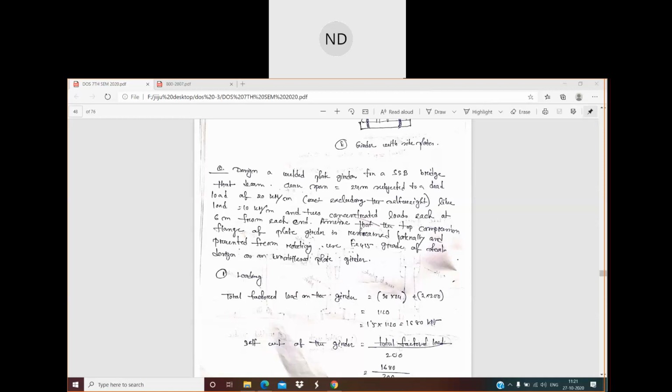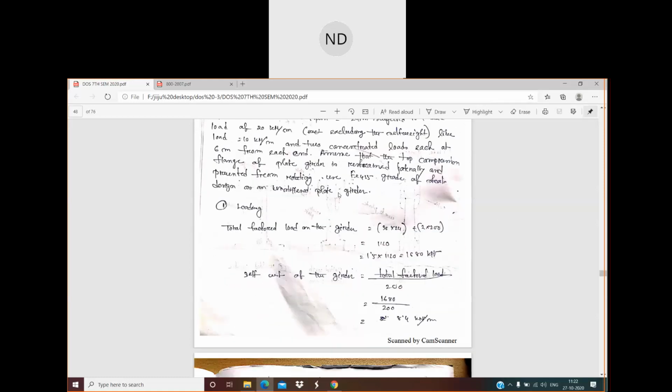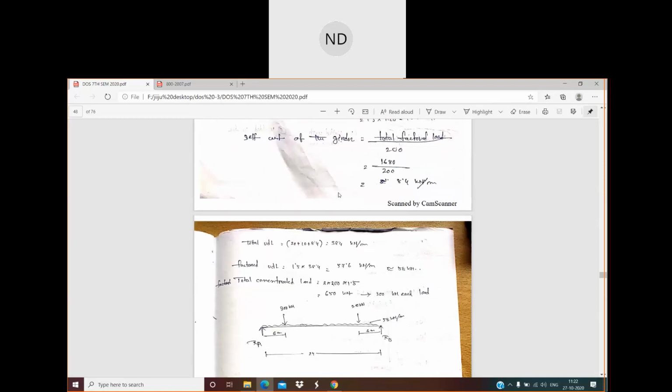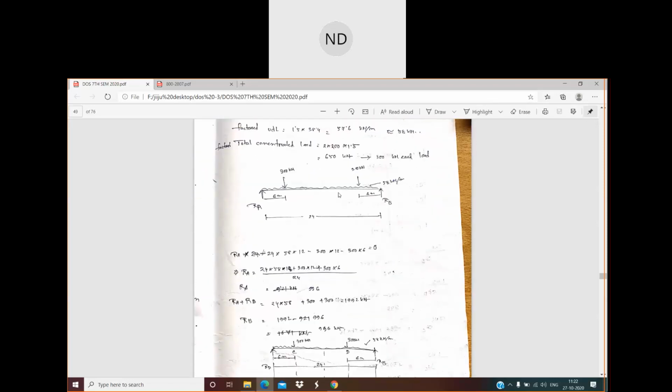So we were doing the design of plate girders. The gantry girder was over. On the plate girders, we had calculated till the loadings. What were the loadings, etc. We had calculated these things. Yes or no?